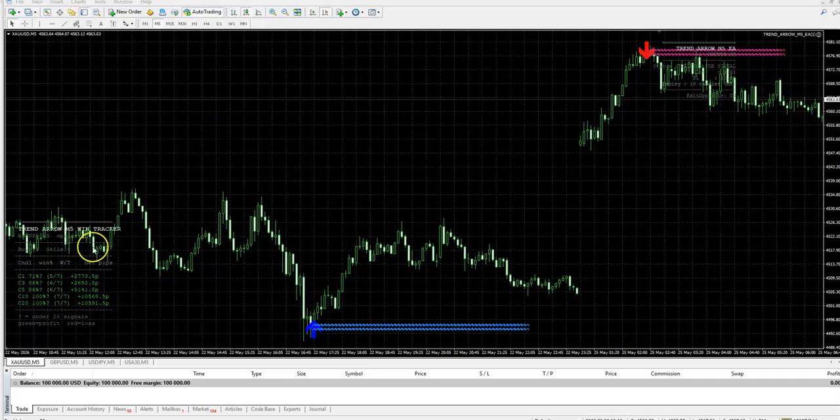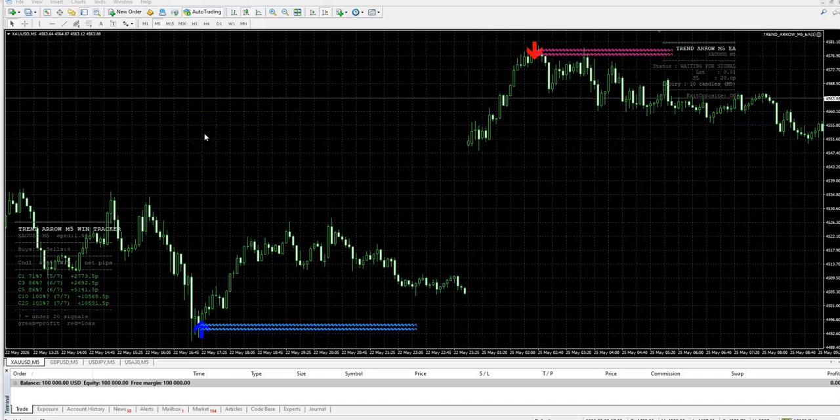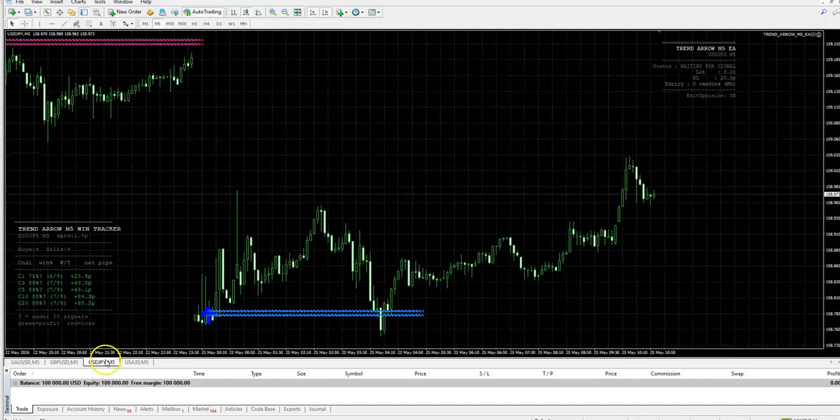So this Trend Arrow system for M5 has an inbuilt special win tracker inside, because it is always the best option when you build this into the code, not add it separately. So this is another advantage, because it is much more accurate and gives quicker information. And so this is how you would trade.